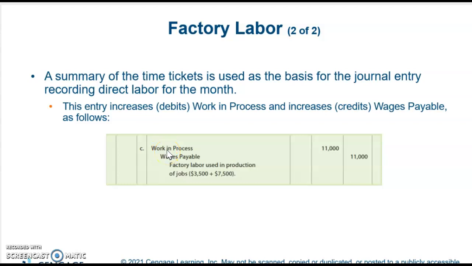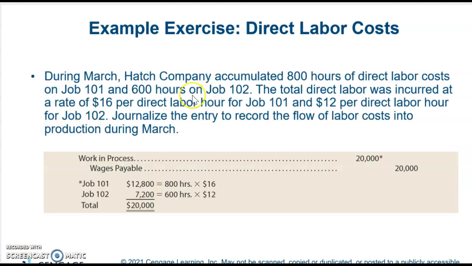And when we do sell this product, it will get expensed into an account called cost of goods sold. So here's an example exercise for direct labor costs. So work this and practice the journal entry, check your answer, and in the next video we will talk about factory overhead.